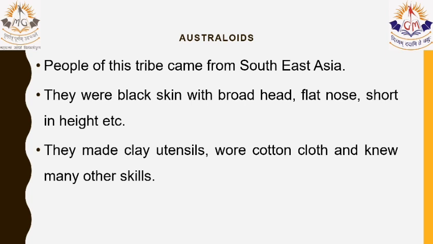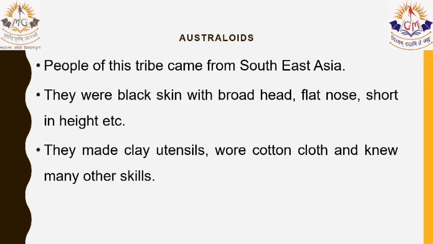Let us learn about the physical features of this tribe. They had black skin, that means the color of their skin was black, and they had a broad head, flat nose, short height, etc. These are the physical features of the Australoid.